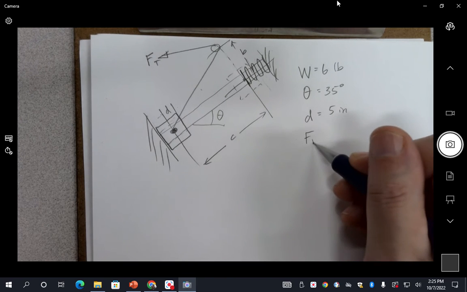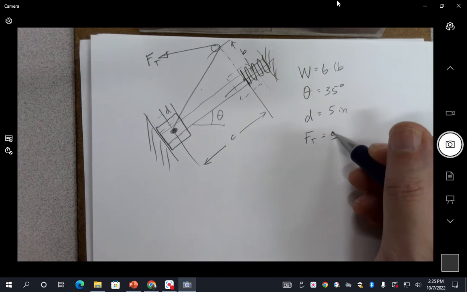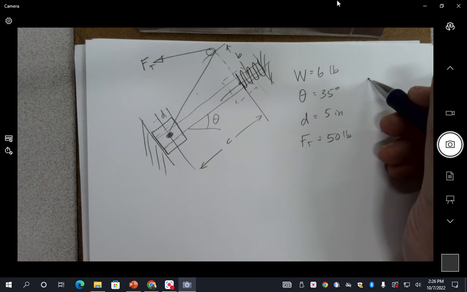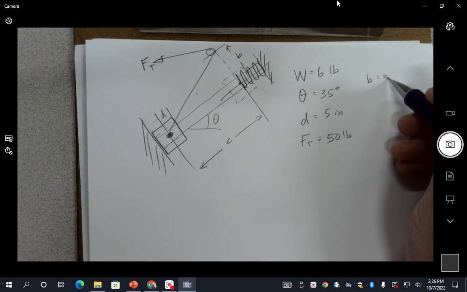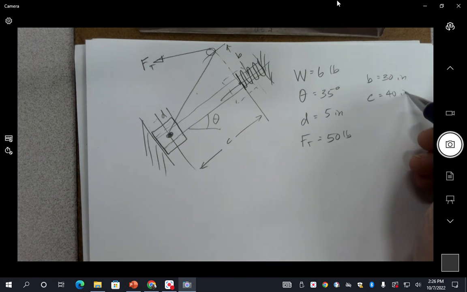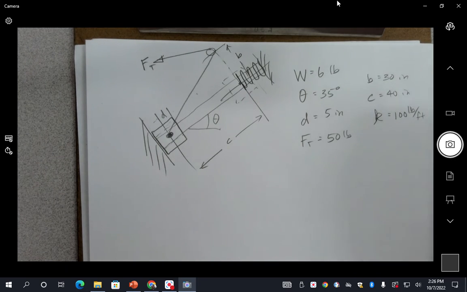The tension on the cable is 50 pounds. And the other dimensions are B is equal to 30 inches, C is equal to 40 inches, and the spring constant is 100 pounds per foot.